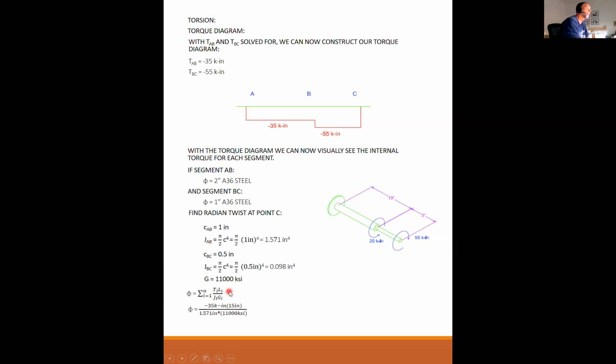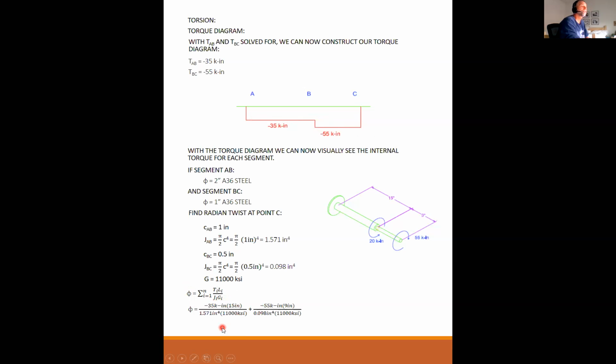And oh, by the way, I forgot to say, I know I can use this equation because within each segment, J is constant, G is constant, and we know now from our torque diagram that the torques are constant within each segment.